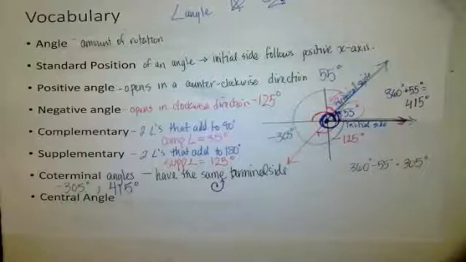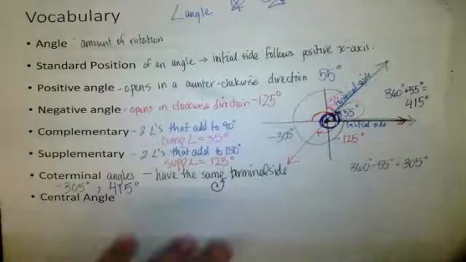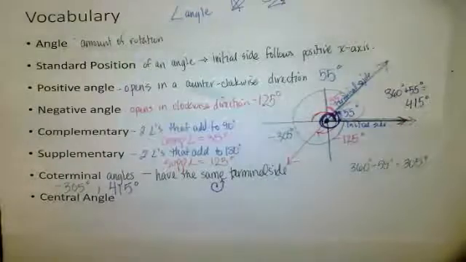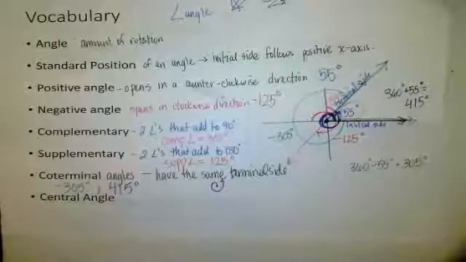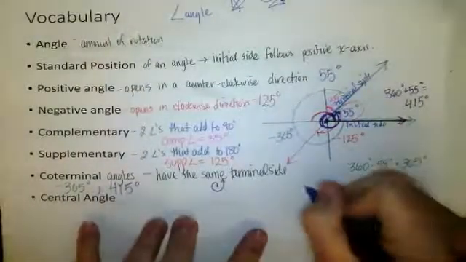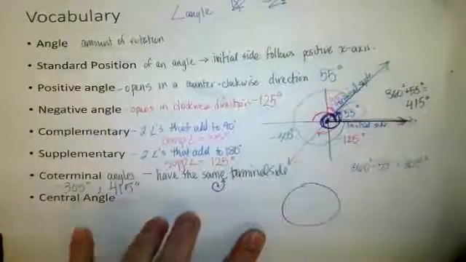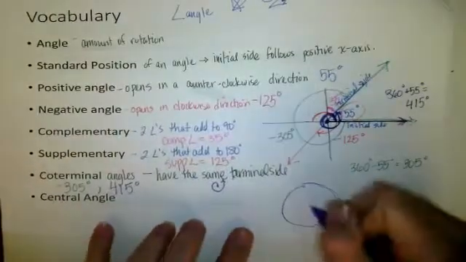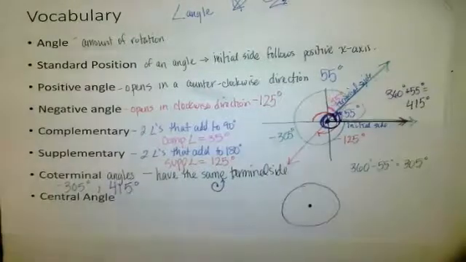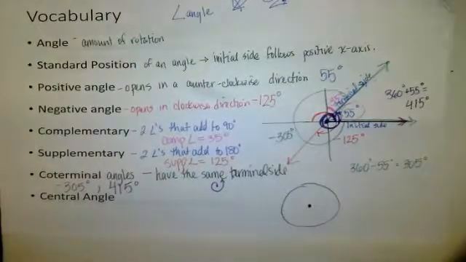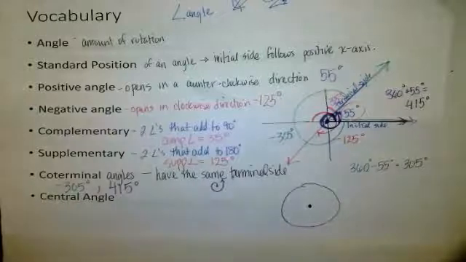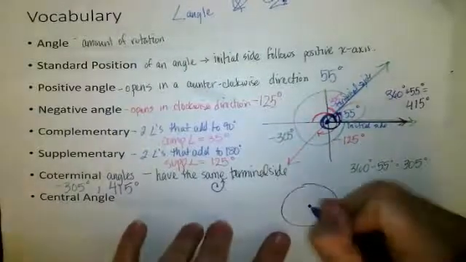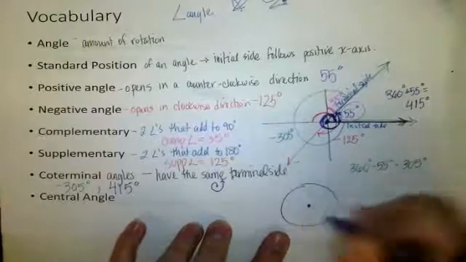Now, a central angle is, I'm just going to draw a picture. A central angle is an angle within a circle. So I'm going to start just by drawing a circle. A circle always has the very center of the circle. And a central angle is an angle where its vertex is at the center of the circle.